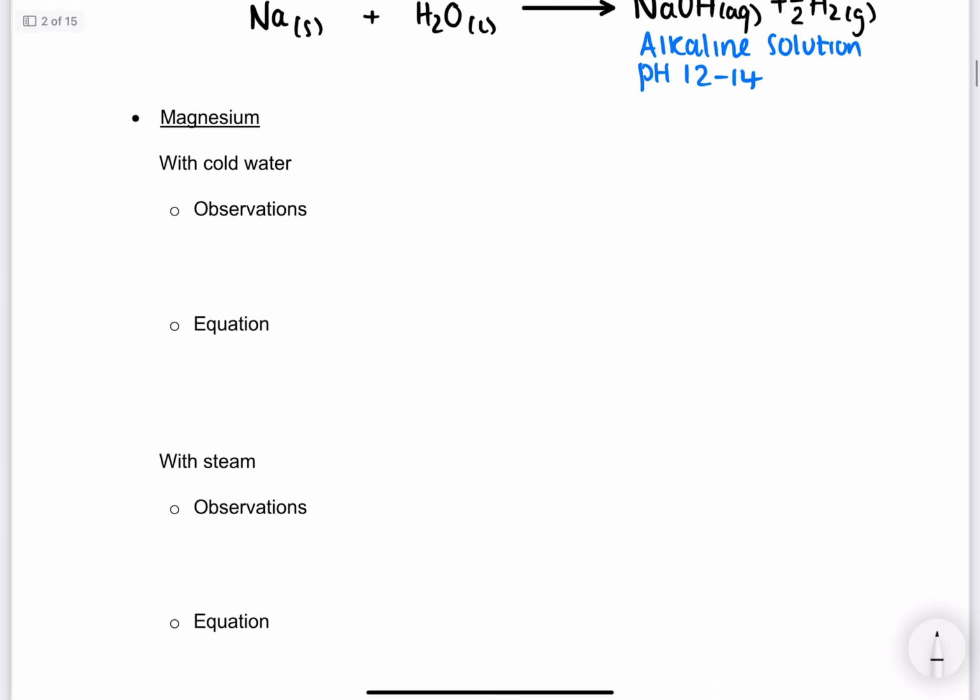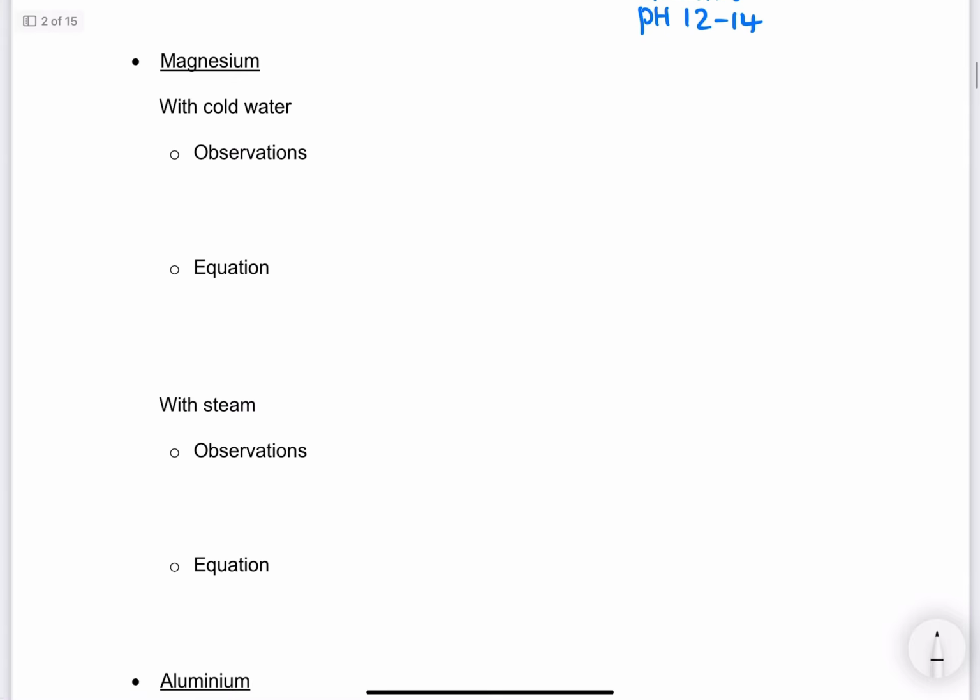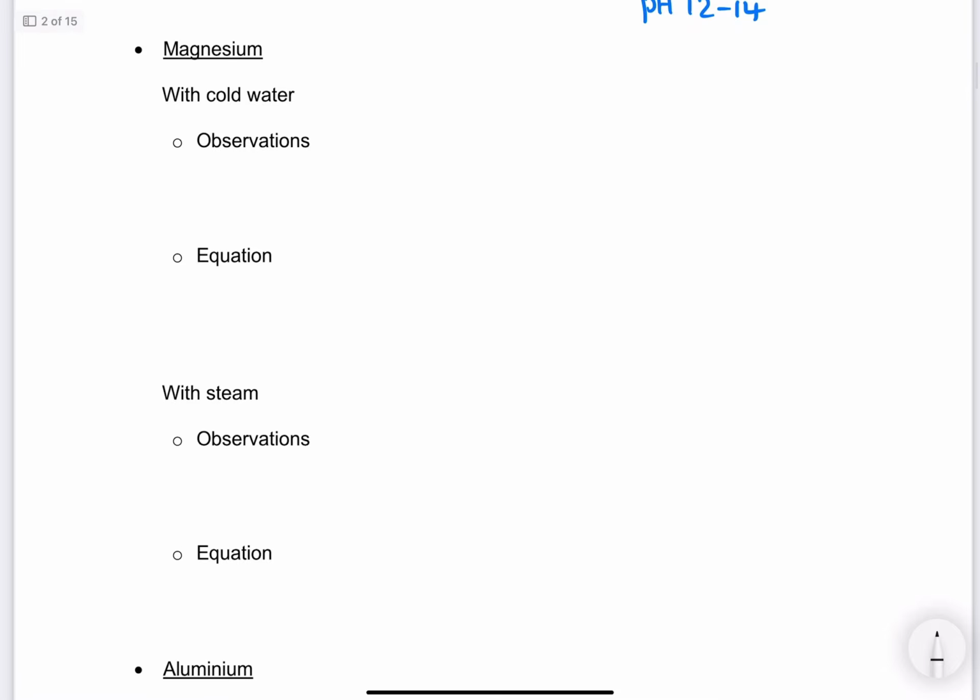Then when we were in the first year of our A-level course, we studied the reactions of group 2 elements, and we did magnesium with both cold water and with steam. So again, if we look at the equation first, when magnesium reacts with cold water, metals react with cold water to produce the hydroxides.